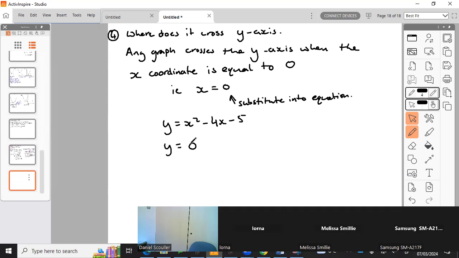So y equals 0 squared minus 4 times 0 minus 5. 0 squared is 0, 4 times 0 is 0, so y equals negative 5. So the coordinate would be x is 0 and y is negative 5. So that's us found our 4 key bits of information about that graph.